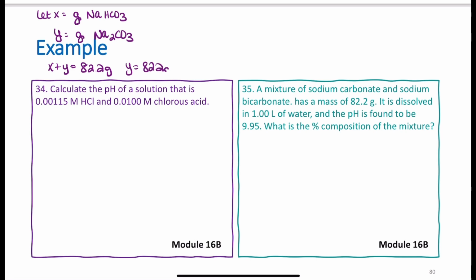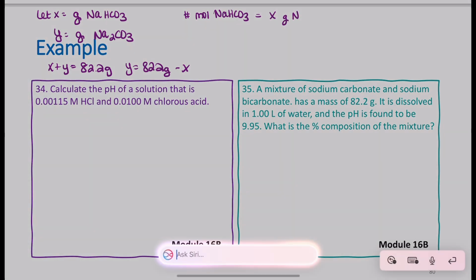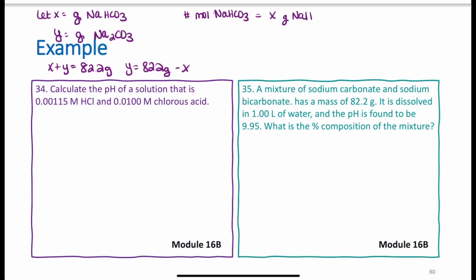So Y has to be 82.2 grams minus X. I know the number of moles of NaHCO3 is equal to however many grams I have of NaHCO3 times 1 mole NaHCO3 over 84.01 grams.